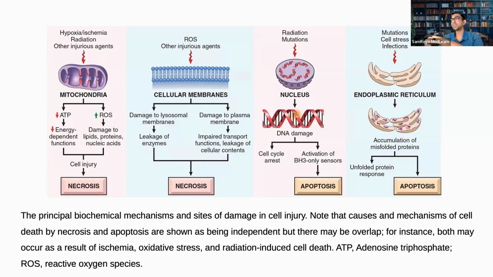Those pathways can further activate cell death mechanisms, one of which is apoptosis. Okay, we'll get into a little bit more detail today with the unfolded protein response. That is in one of my slides, which is coming up in another 2, 3 slides. Okay, so just wait for that.